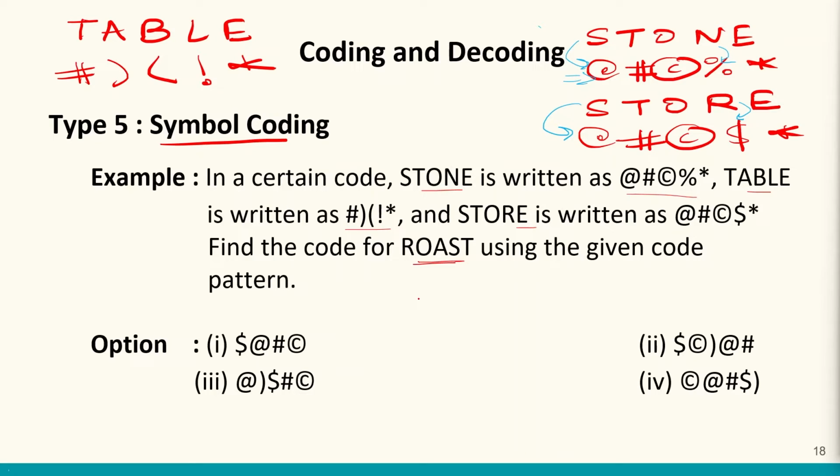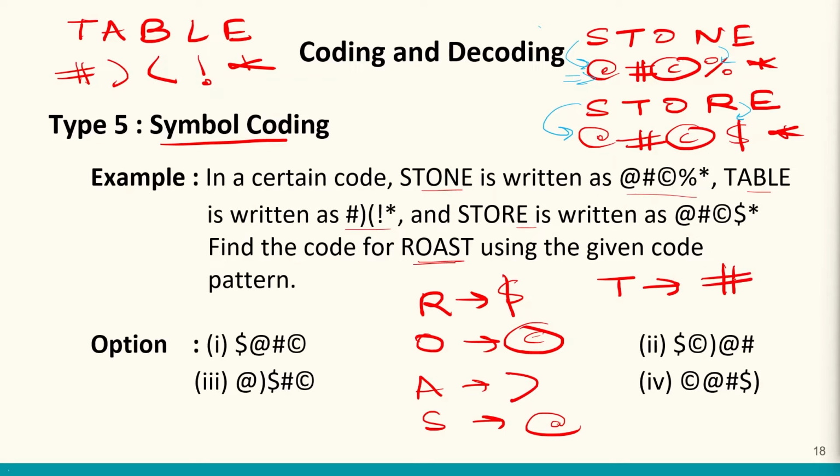So I can say that R is coded as $, O is coded as this, A is coded as this, S is coded as this, and T will be coded as this sign. So my answer will be $, this sign, this sign, this sign, and this sign, which is option number 2. So option number 2 will be the correct answer for this code.